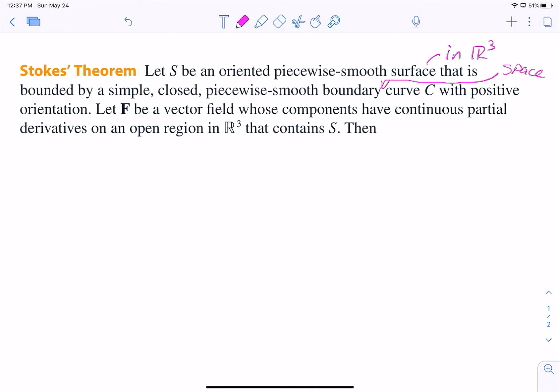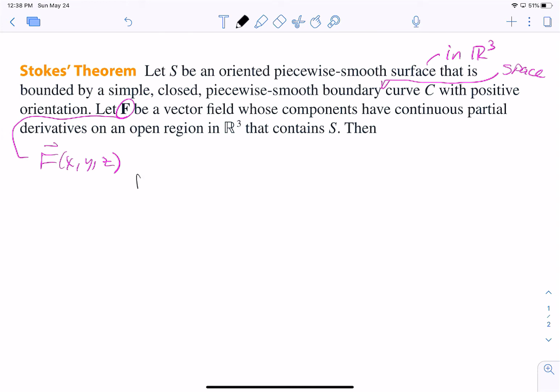F is a vector field, and I'm going to say this F is F of x, y, z. I really want to advertise that this is in R3. F is a vector field whose components have continuous partial derivatives on an open region in R3 that contains S. Then, all of those have to be satisfied, and they will in the work that we're going to do.